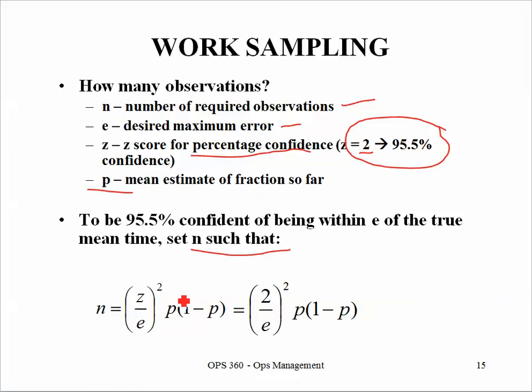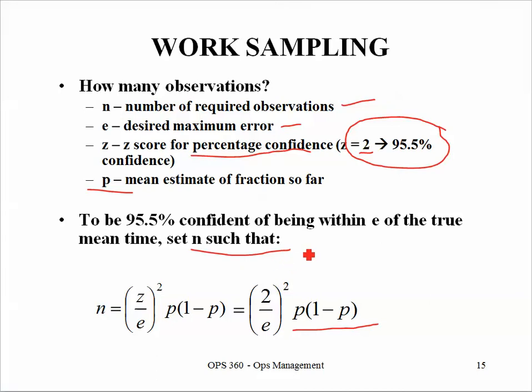We're going to take z, which in our case here is going to be 2, divide that by e, that maximum error, square that, and multiply it times p times 1 minus p. So it's a different formula than we were doing with time study, and the different formula is because it's a different random variable here.